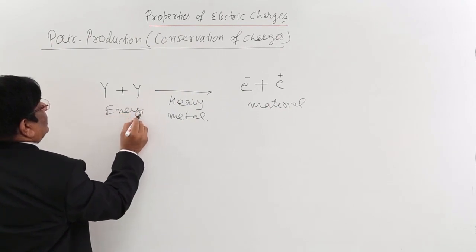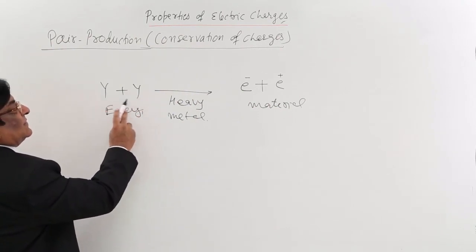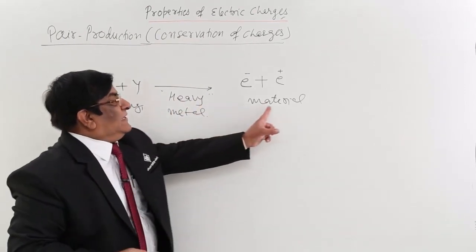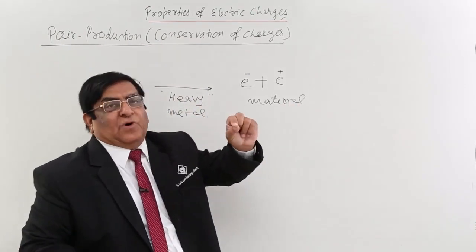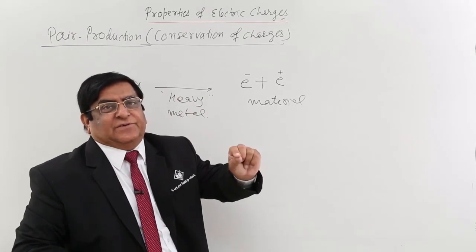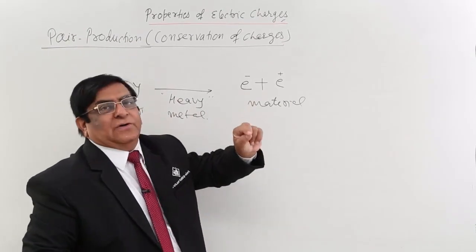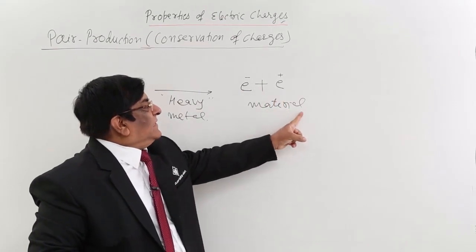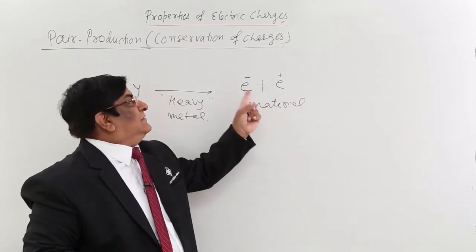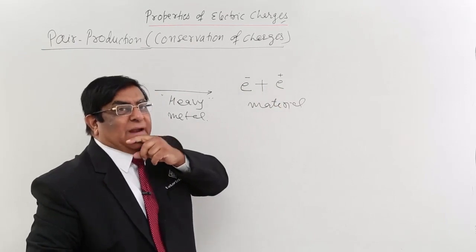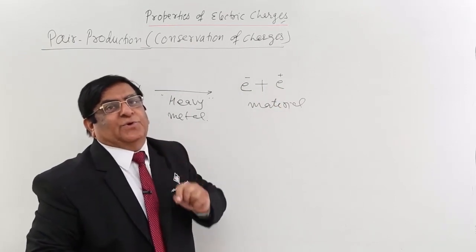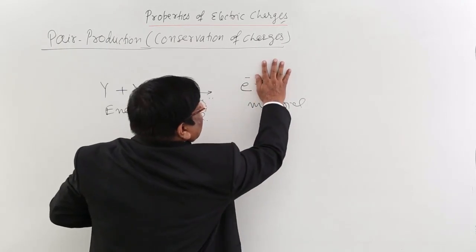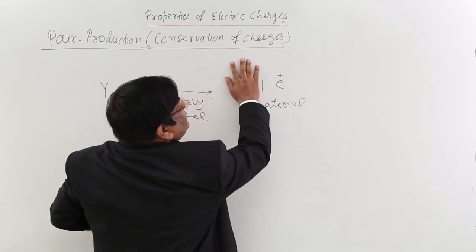Whenever this energy strikes a heavy metal, there is a chance that it will create material, and the very smallest material which is first created is the electron and positron. So one electron and positron are created, and they are carrying the charges. But the point to be noted is that we cannot produce only an electron or only a positron.